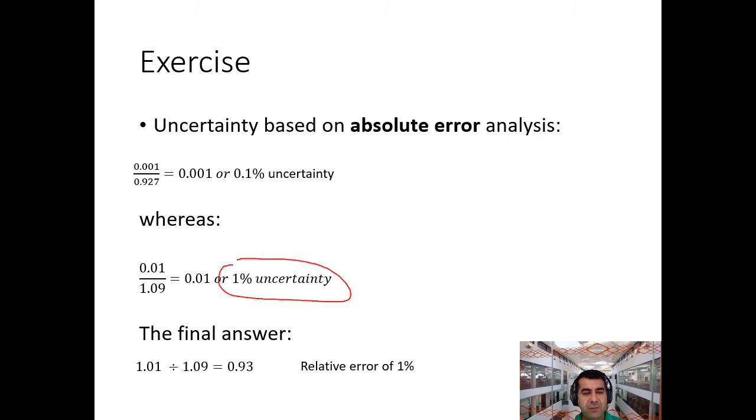Therefore, when we present the final answer, we're going to keep the same uncertainty in our number, and in this case I'm going to return the number 0.93, which has a relative error of 1%. And this is the concept of the relative error, and the decision is really up to you, but always avoid increasing the precision of your results.